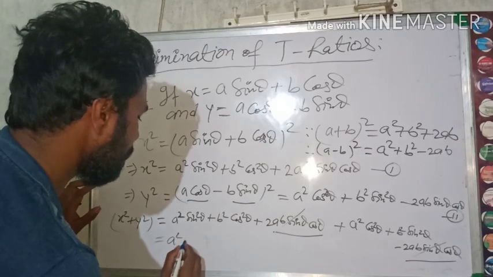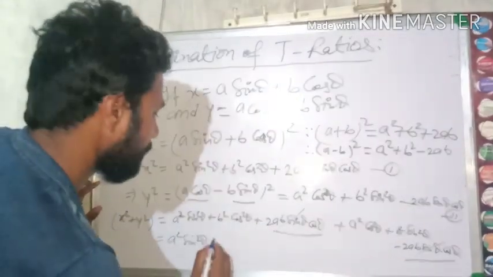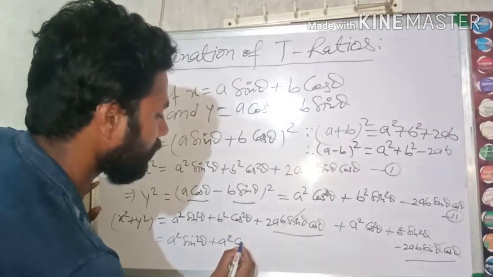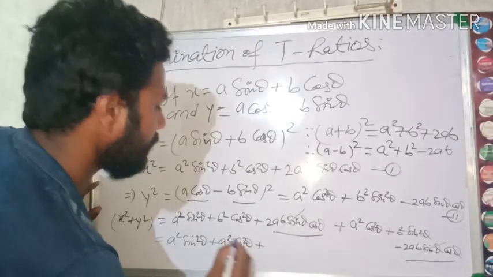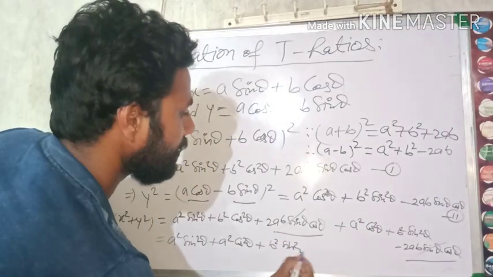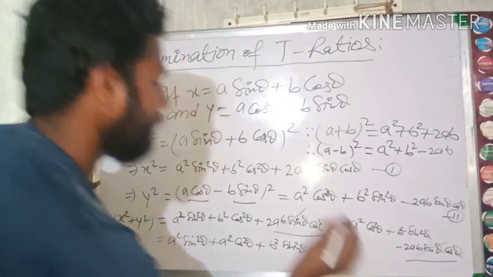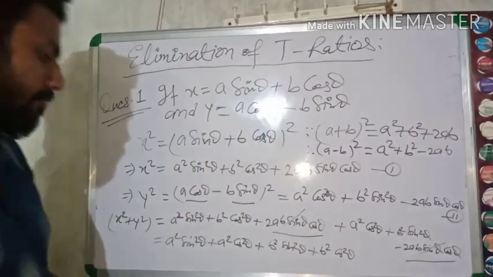Then it is equal to a square sin square theta plus a square cos square theta plus b square sin square theta plus b square cos square theta. Then you have to take common.